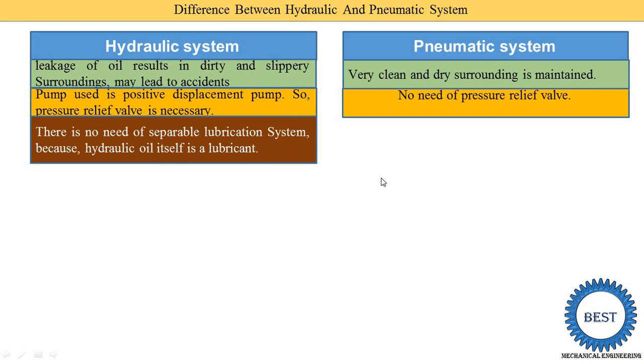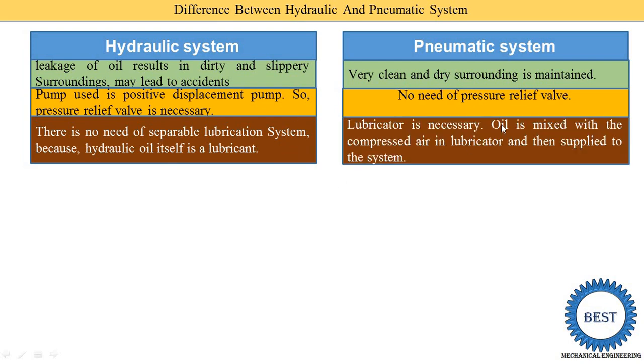So the cost of the lubrication system is reduced. In a pneumatic system, a lubricator is necessary because we use air as the working substance and air is not itself a lubricant. So oil is mixed with the compressed air in a lubricator and then it is supplied to the system.